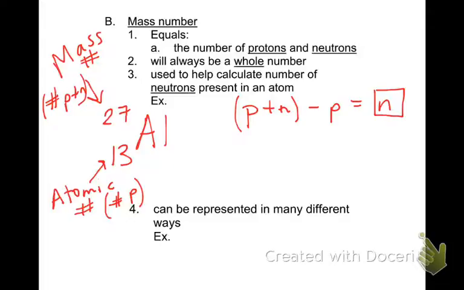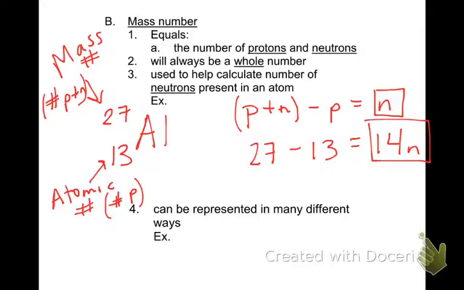That's an algebraic way of saying we just simply take the difference between these two numbers. We'll take our mass number, which represents our protons plus our neutrons, and subtract our number of protons, which is our atomic number, to get our number of neutrons that exist in that particular atom. Always going to be a whole number, you're never going to have half of a neutron.